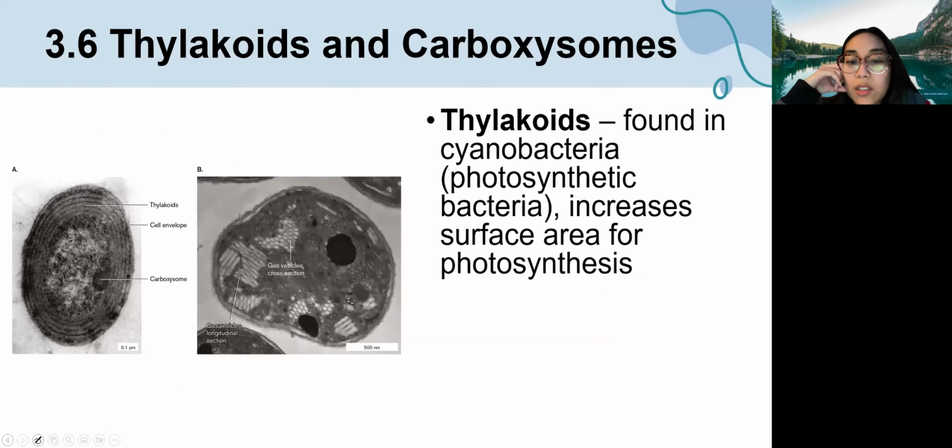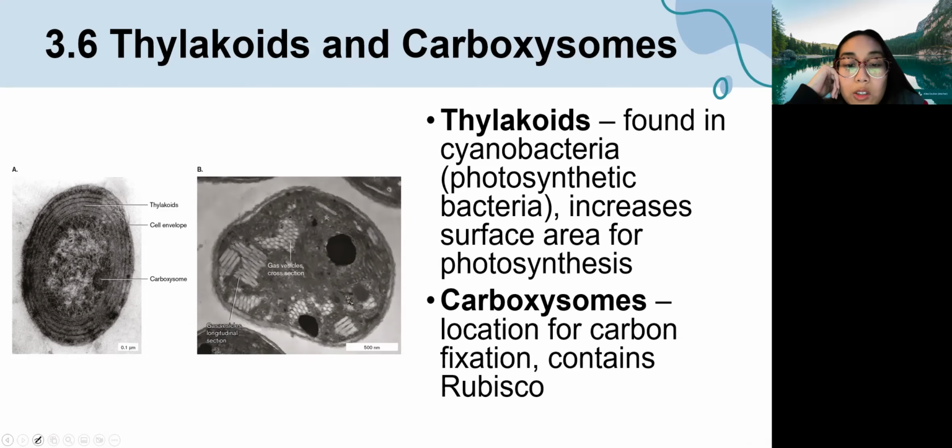Thylakoids, you might recognize from the thylakoid membrane of a chloroplast. That's because there are some bacteria that are photosynthetic, for example, the cyanobacteria. And just like with the thylakoids of the chloroplast, it increases the surface area so that you can have more surface area for photosynthesis.